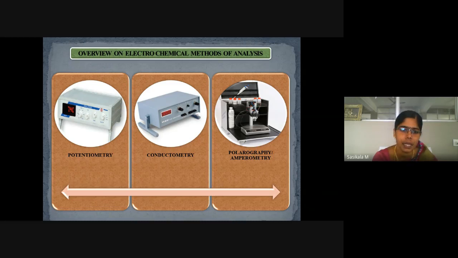In that, potentiometry and conductometric principles are more or less similar. In potentiometry we analyze the potential of the sample in the form of millivolt or electromotive force. That means, simply put, the potential of the sample is analyzed, comparing with a standard potential.